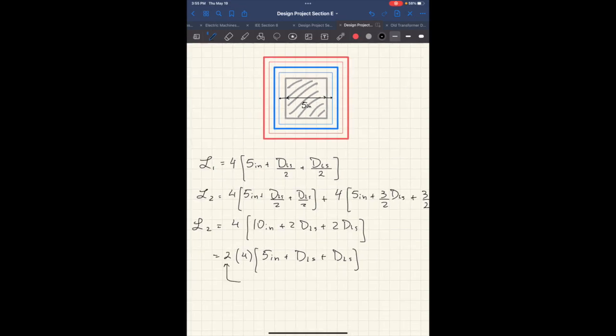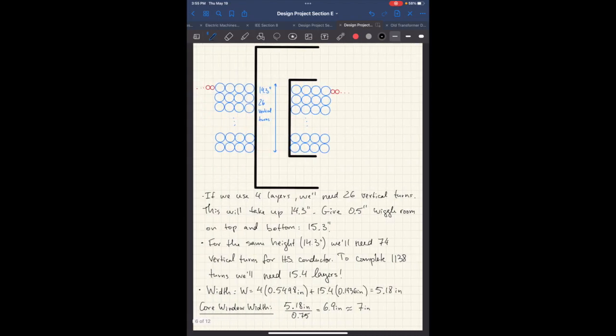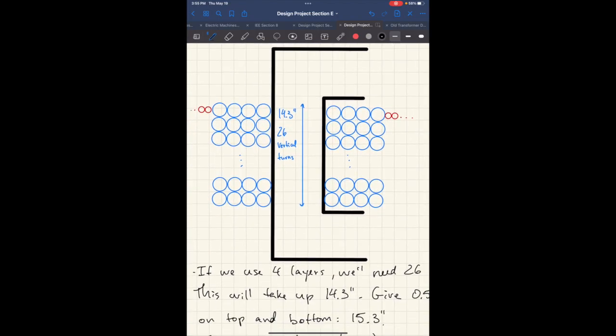And the whole rest of it is just finding that midpoint, exactly that midpoint between the 2. Okay? So now what we're going to do the same thing, but we're going to do it for the low side conductor. In the case of the low side conductor, we have 4 layers. So what's the midpoint?